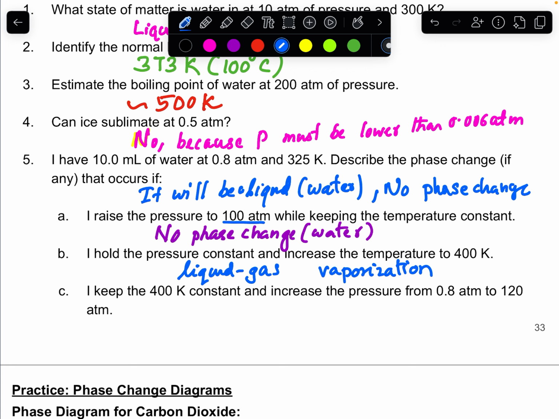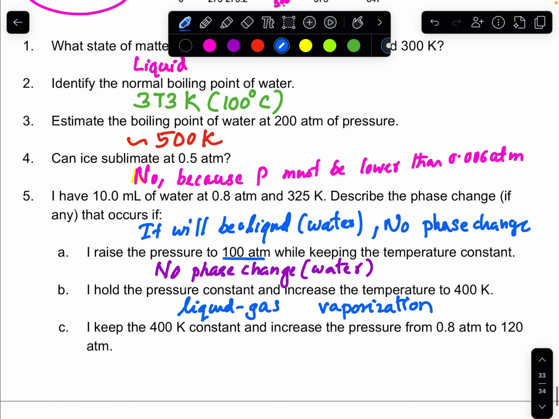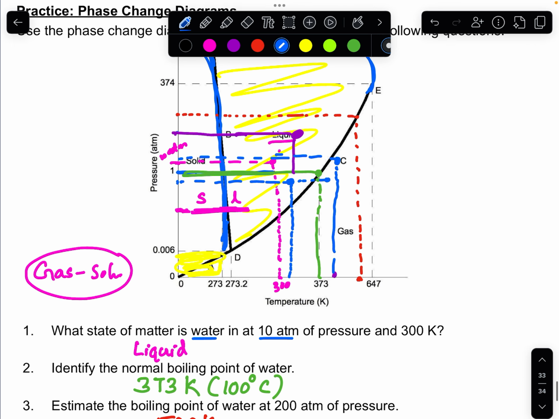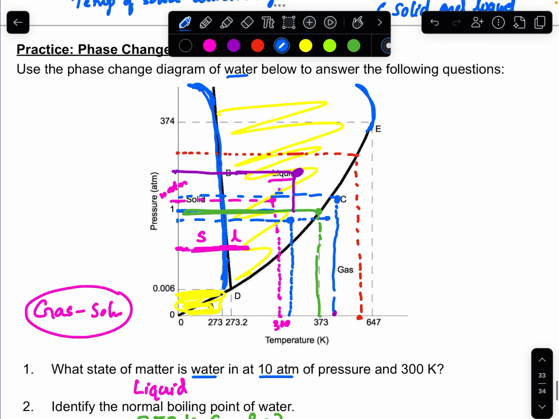If I keep 400 K constant and increase the pressure from 0.8 to 120 atm. So we are here, temperature is 400, and the pressure is increasing to something like 120 atm.